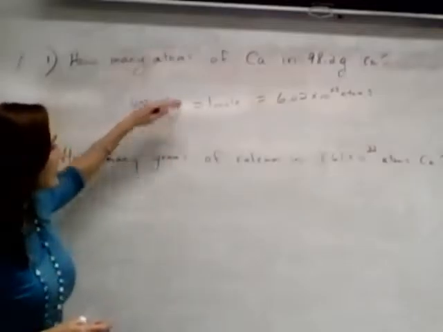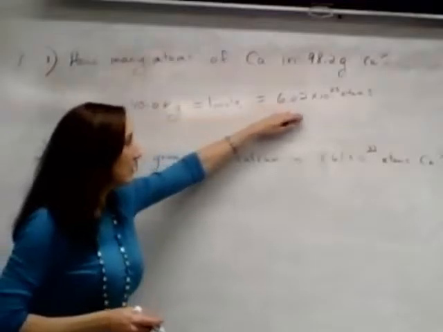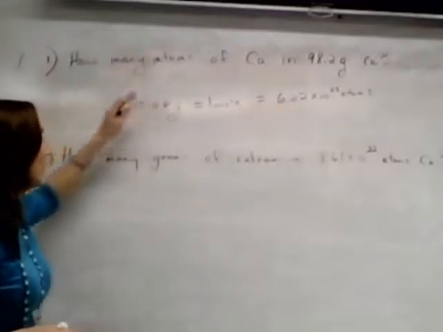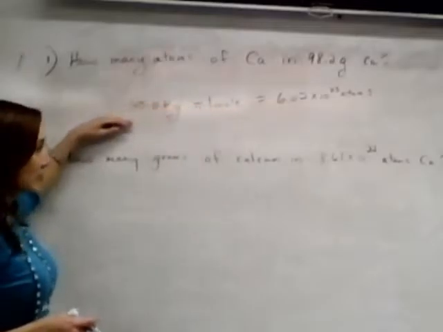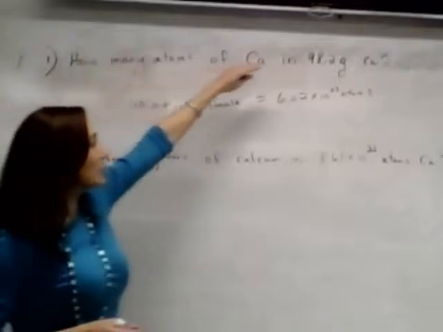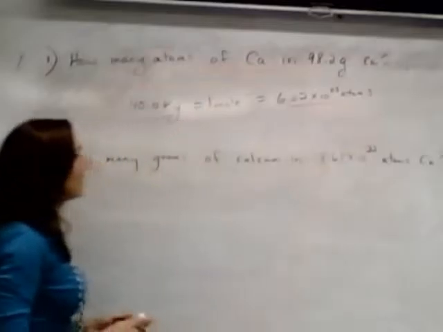So that mass in grams is equal to 1 mole of calcium atoms, which contains 6.02 times 10 to the 23rd atoms. This, again, is the mole definition, and for this problem we're going to be using the atoms part and the grams part.